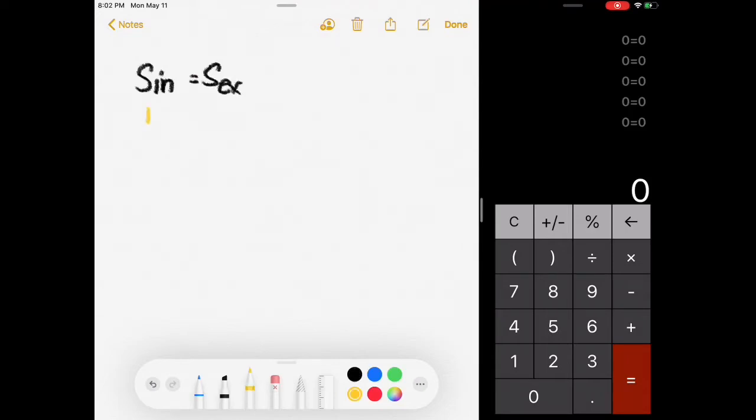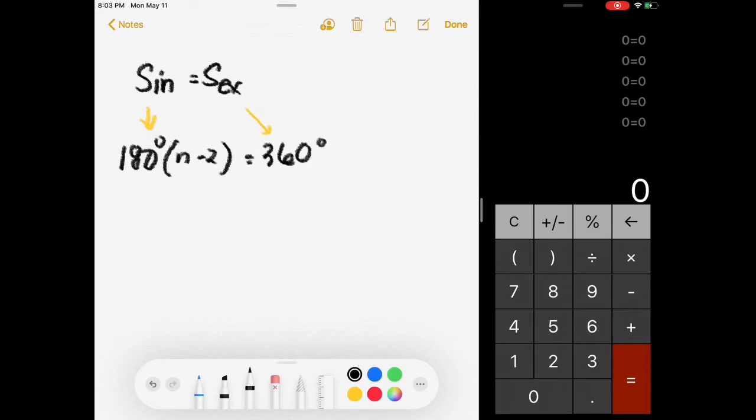The formula for the sum of the interior is 180 times n minus 2, and the sum of the exterior is 360 degrees.